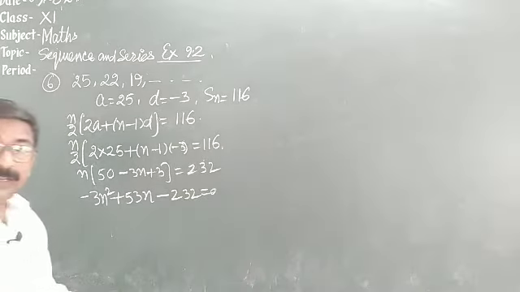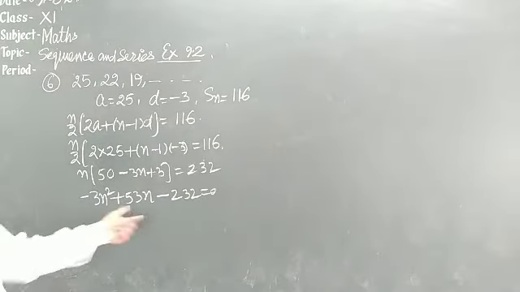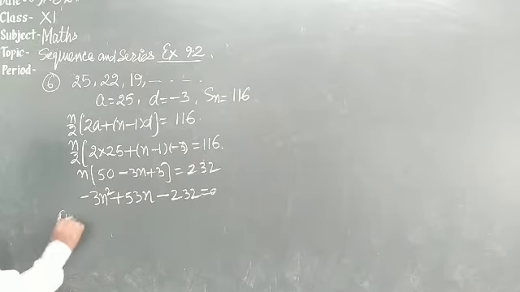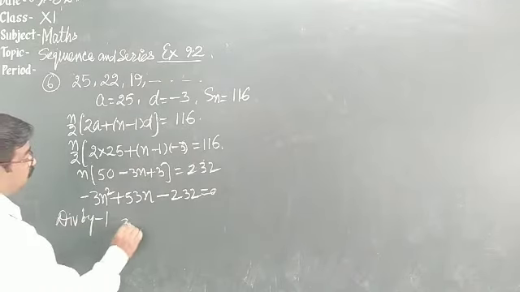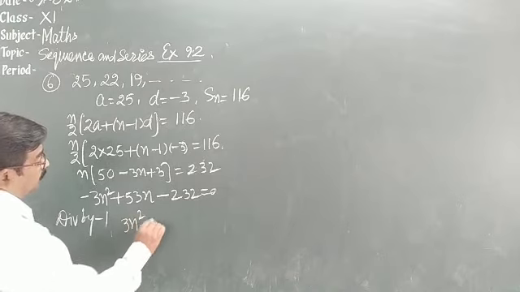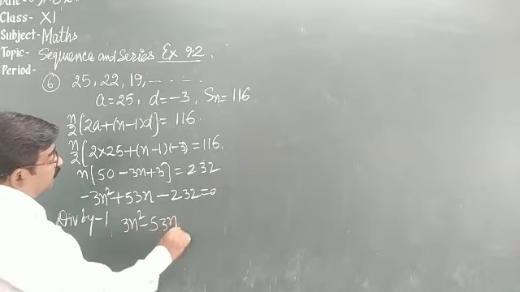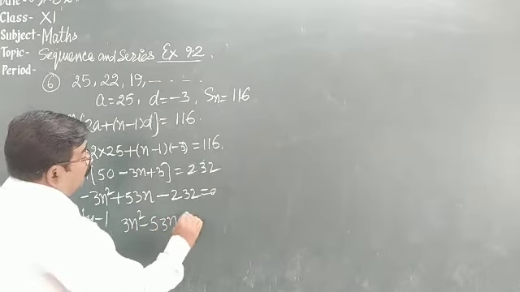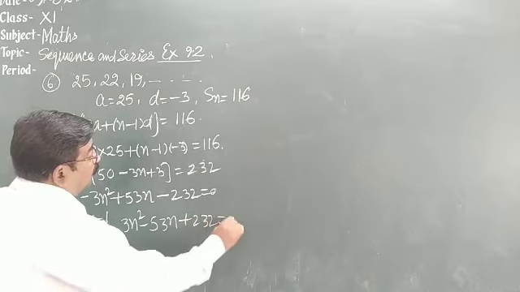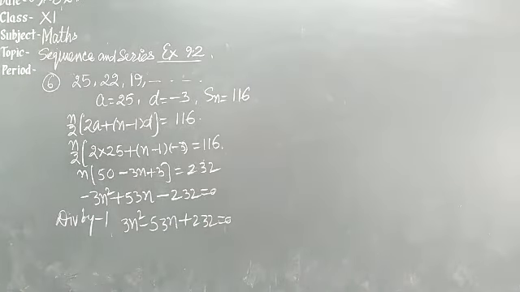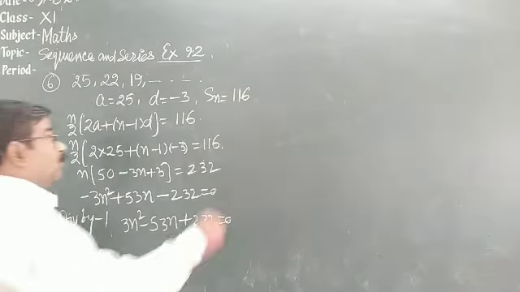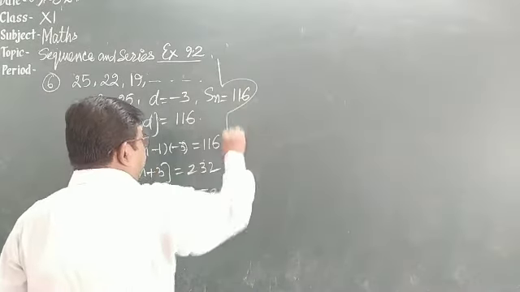This becomes a quadratic equation. Now remove the minus sign: 3n square minus 53n plus 232 is equal to 0. Now we have to find the value of n by the quadratic formula or by splitting the middle term.